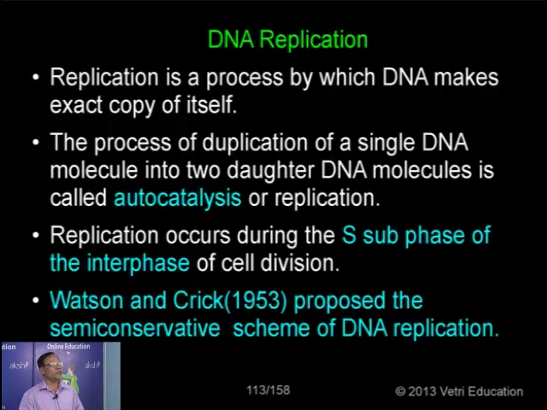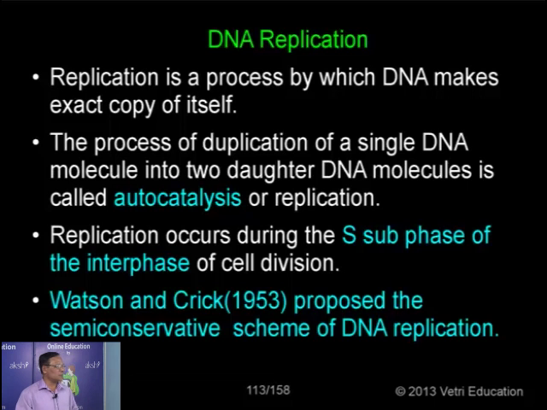So there is a geometrical increase in the number of DNA molecules, and normally this process is called duplication. 1 into 2 is called duplication. But we are using the word DNA replication because when the DNA undergoes duplication, it produces an exact copy of itself. As it produces a Xerox copy or exact copy of itself, the process is called replication.